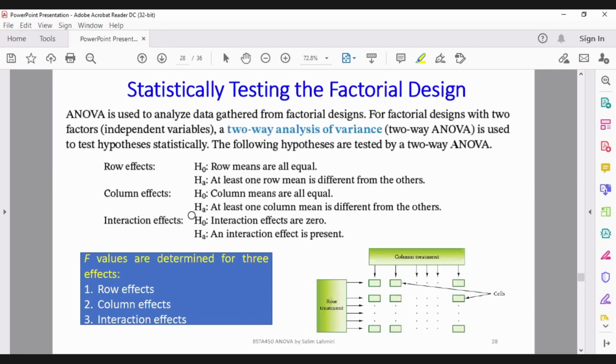Alternative hypothesis: an interaction effect is present. So F values are determined for three effects: row effects, column effects, and interaction effects. The F statistic and its corresponding p-value are calculated by SAS or other software for each.